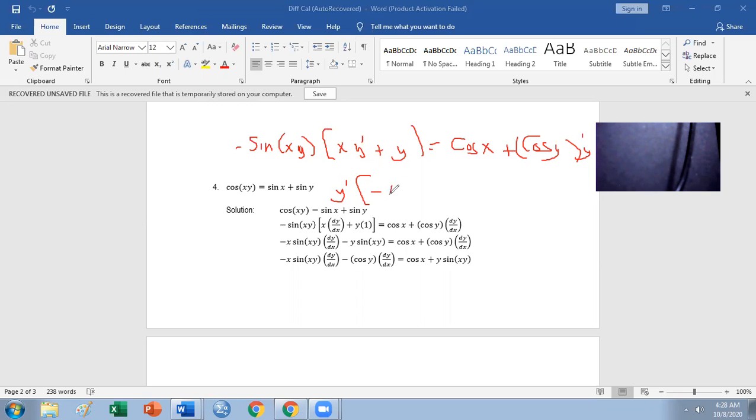Negative x sine of xy, there. And then lipat ko to minus cosine y. That's cosine y is equal to cosine x, and then lilipat ko to, that's negative plus y sine of xy.